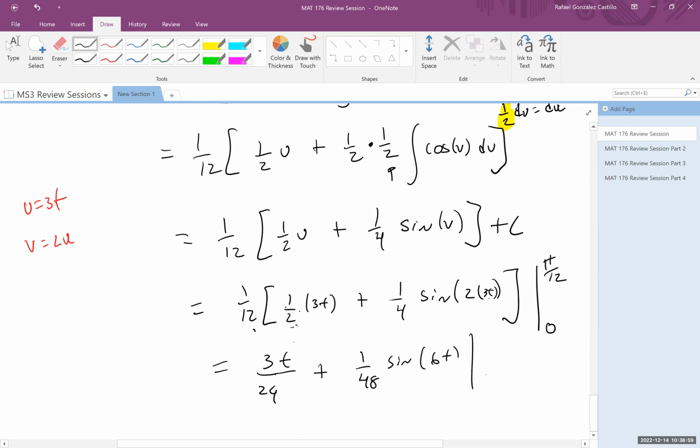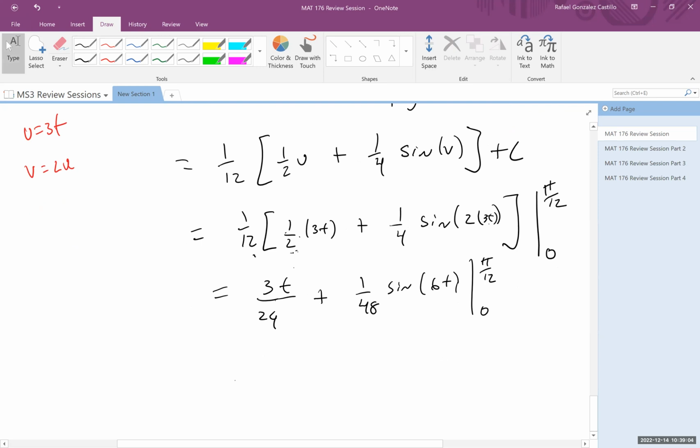And we're evaluating this from 0 to pi over 12. 3 over 24 actually simplifies to 1 over 8. So we get t over 8, plus sine of 6t over 48.